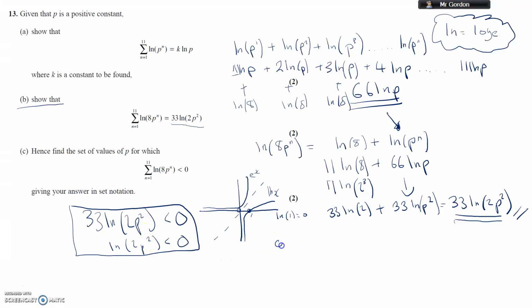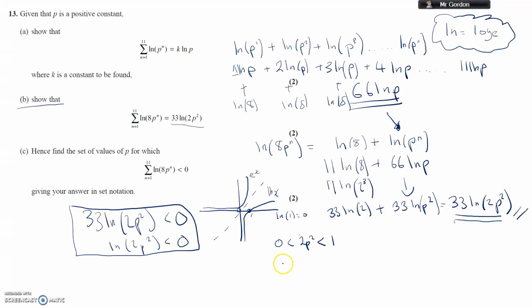So we're going to get 0, the 2p squared has got to be greater than 0 because the graph never actually goes past y equals 0, and also has to be less than 1 because at 1 then it becomes positive. So we're looking for negative y values here. So we can just solve this inequality now.